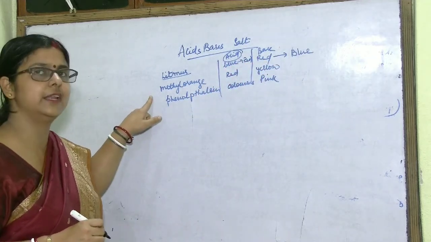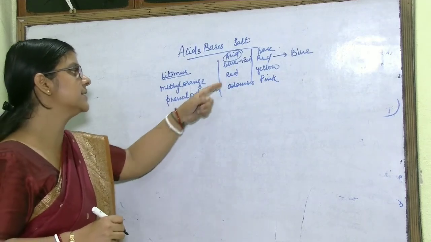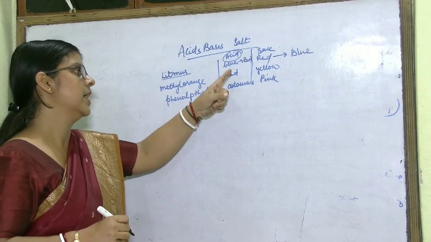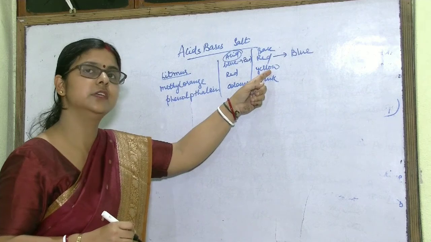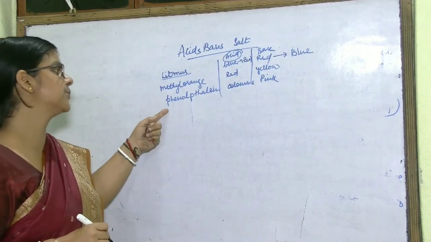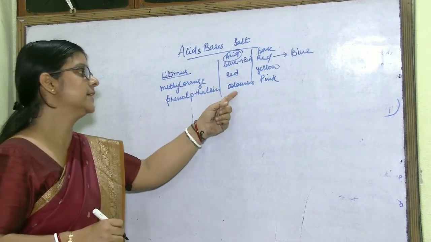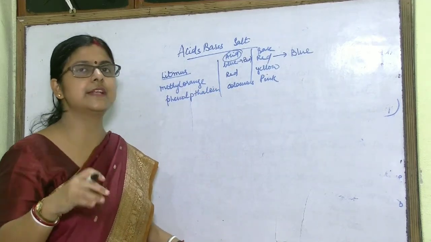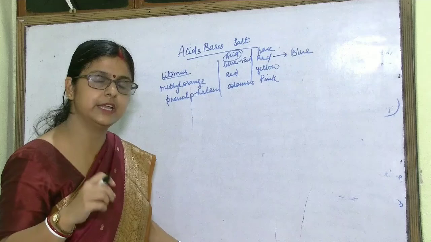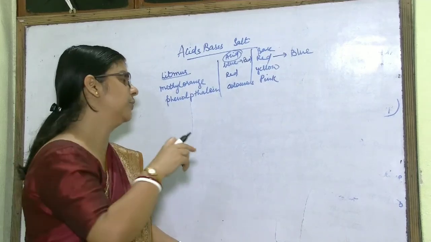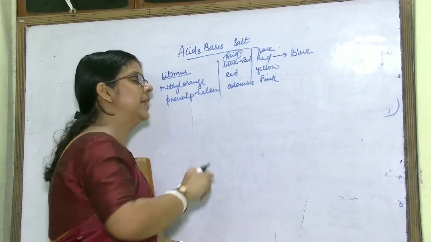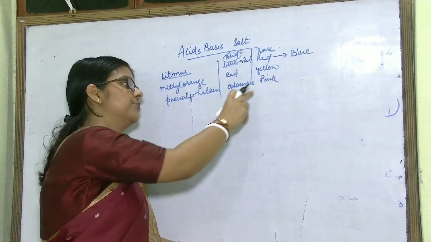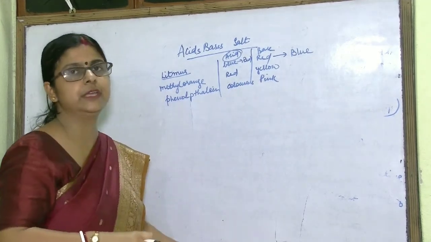Next one is methyl orange. Acid turns methyl orange red and base turns yellow. Now next is phenolphthalein. If you add phenolphthalein to acid solution, it will remain colorless. But if you add phenolphthalein to base, then it will change to pink color.